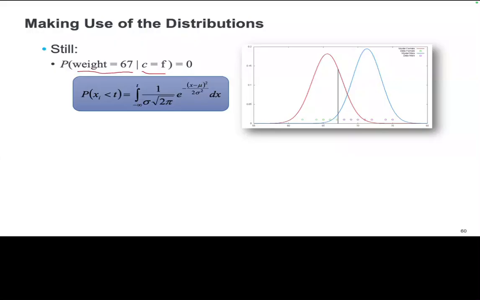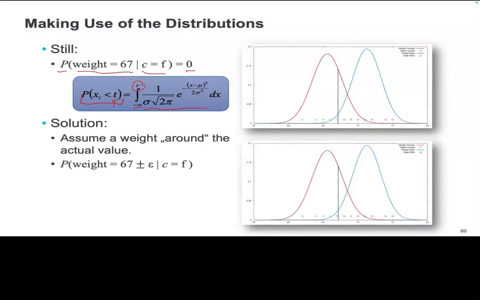Now, the problem is that the probability is always zero, because in such a continuous domain, the probability for any particular value is zero. We only have probabilities for intervals, right? And the probabilities are always defined for intervals. For example, the interval that is limited by an upper threshold. And the probability is then computed by computing the integral from -infinity until this threshold. But the probability for exactly one value is always zero.